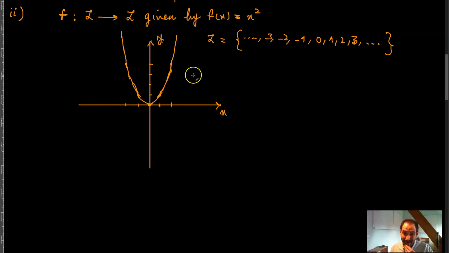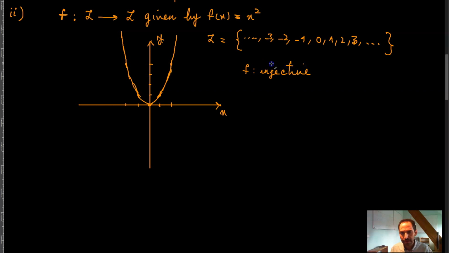Now, the set of integers in the codomain is again the same story. You have all of these positive numbers, you have 0, and you have all of these negative numbers as well, which is pretty important in this particular problem. Now you want to know whether f is injective or not.